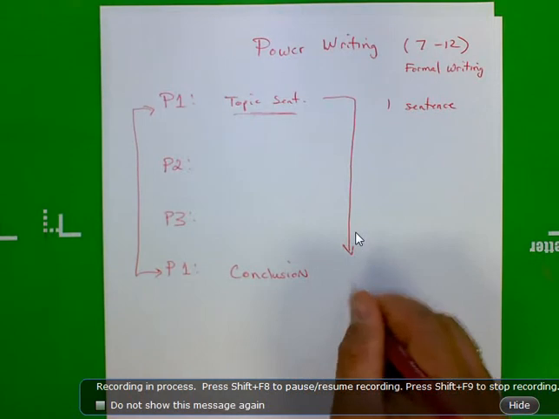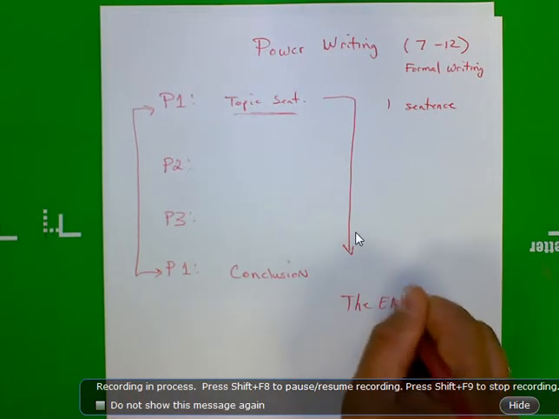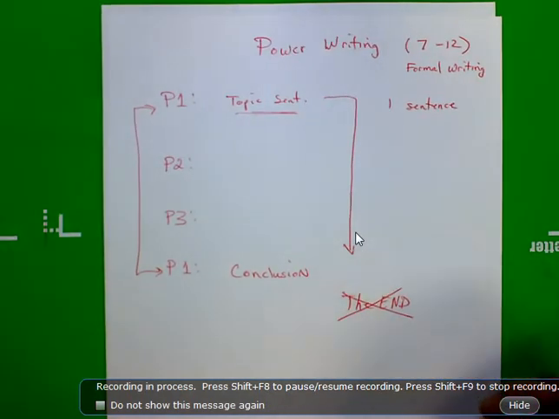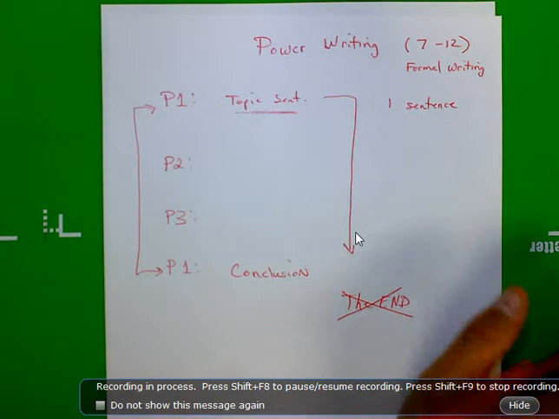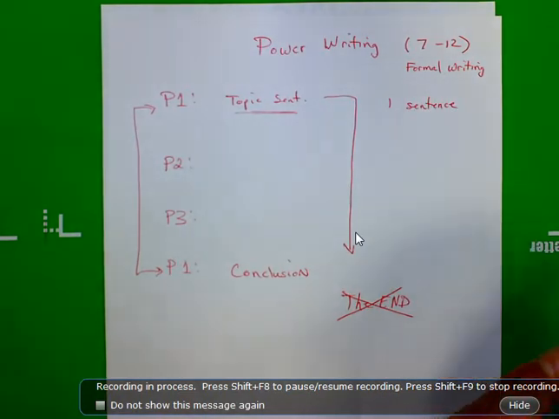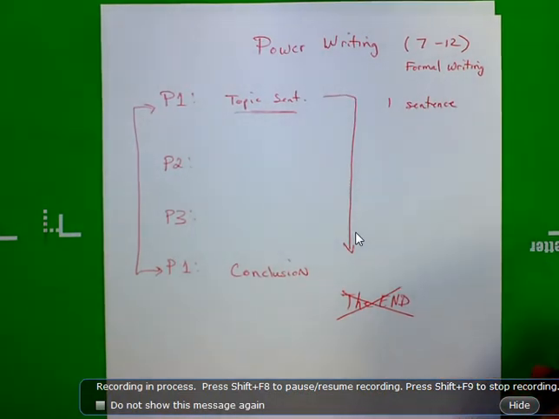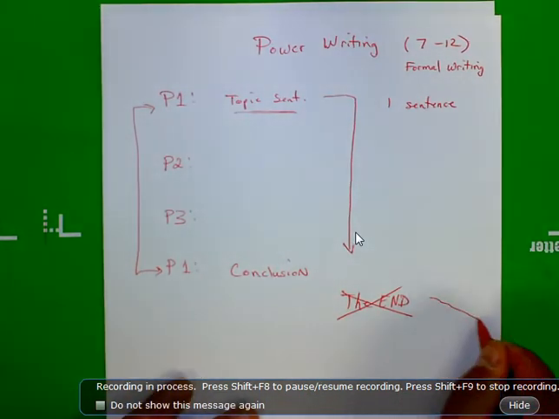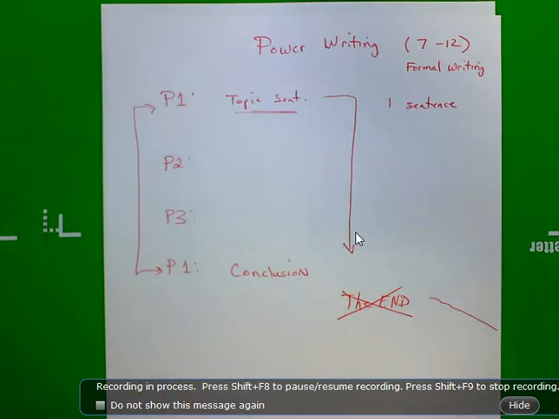No, no. Okay, I'm going to put that here, the end, and don't ever do that. That's not a quality ending. I always use the analogy that you're reading and then all of a sudden it feels like you just walked into a wall or jumped off a cliff. There's no smooth transition.